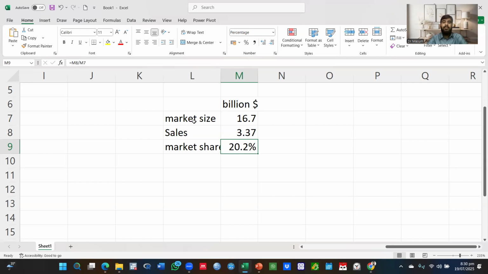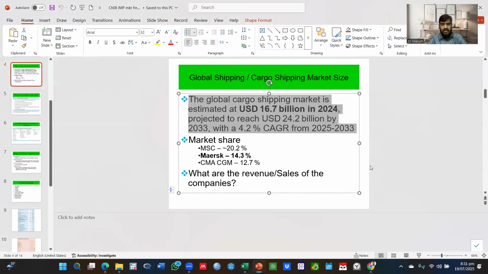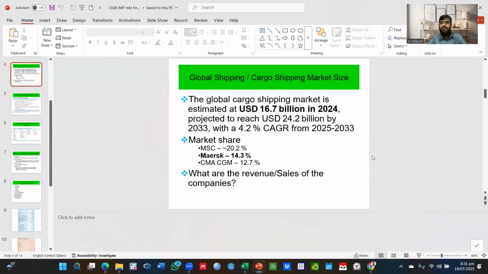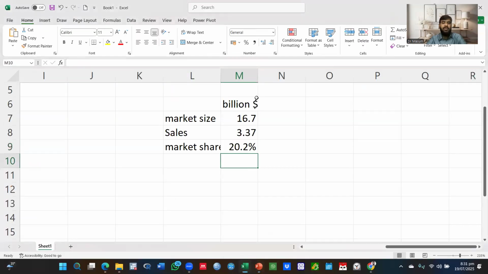So maybe the example makes it clear what is market, what is market size, what is market share. Because our previous lecture was related to strategy choice. There we concluded our choice based on market share and market growth. And now the issue may come before you: what is the market growth?